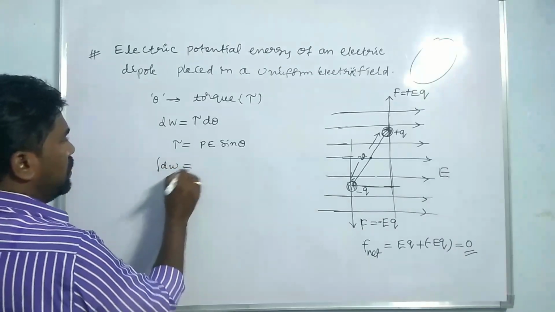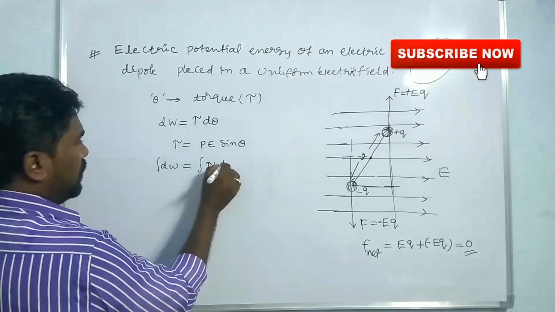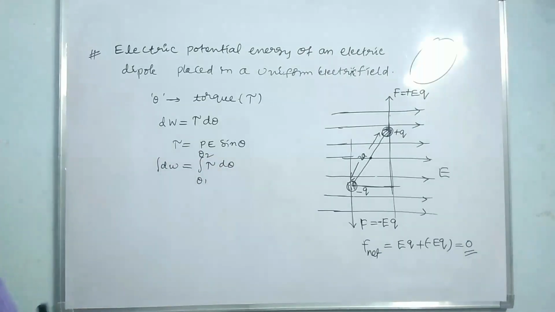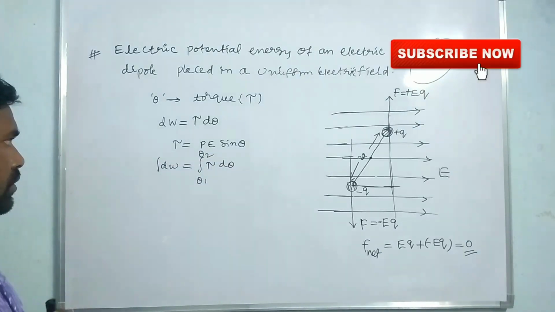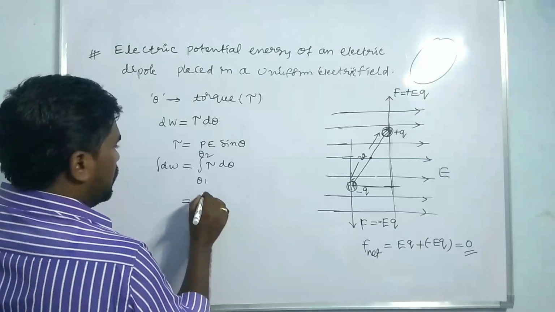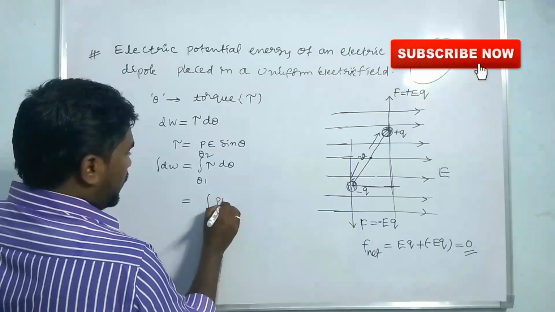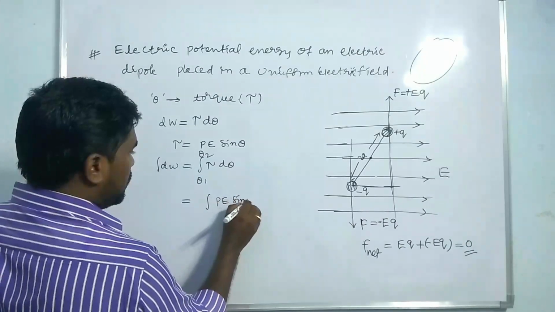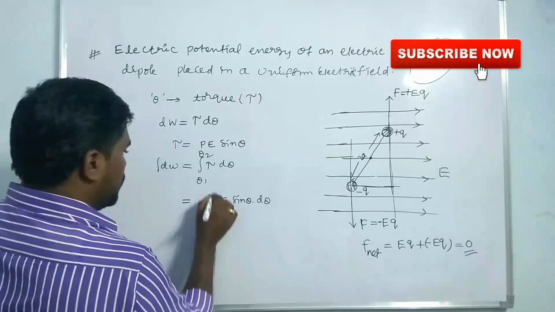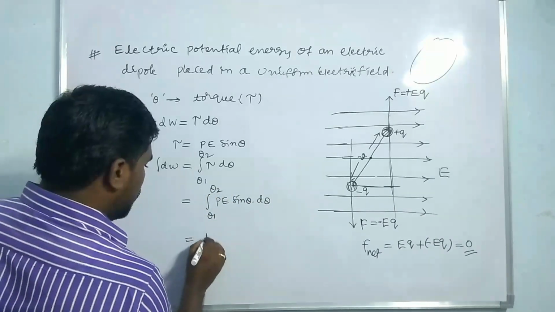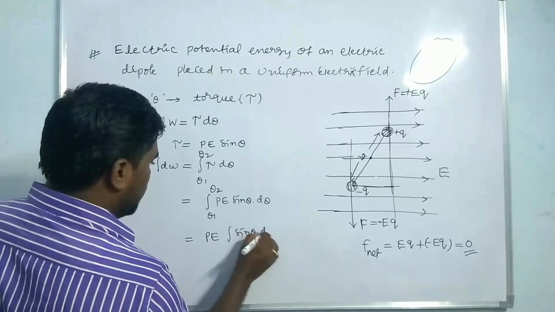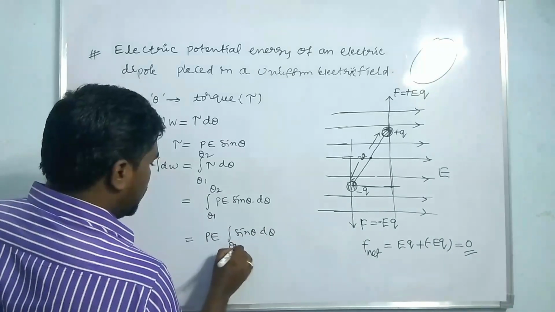Let dW be the work done. The total work done is the integral of tau d theta from theta 1 to theta 2. Since tau is PE sin theta, it is PE times the integral of sin theta d theta.